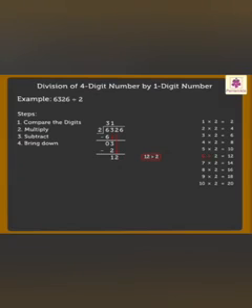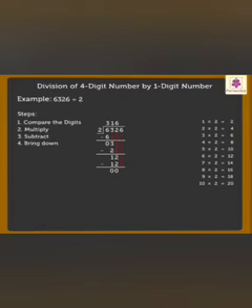As 6 into 2 is equal to 12, we write the number 6 above 2 in the quotient and the number 12 under 12. Subtract 12 from 12, which gives us 0, which we write in the tens column.